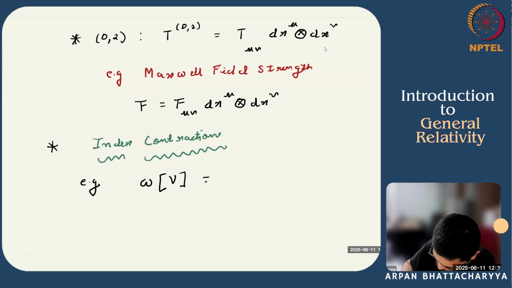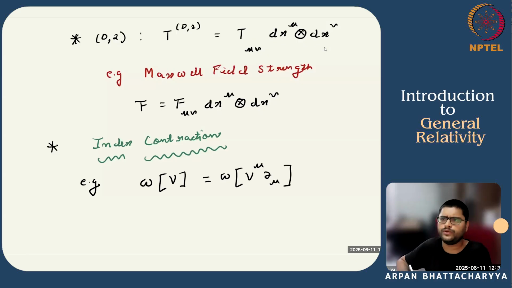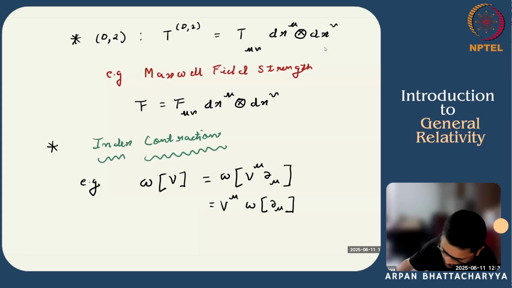Now we can write v in terms of a component and a basis, and we will always work in a coordinate basis. Remember, this map is a linear map, so the result is just a number at this point, and it will come out. Now omega we can also write in terms of a component and a basis, say omega nu dx nu.